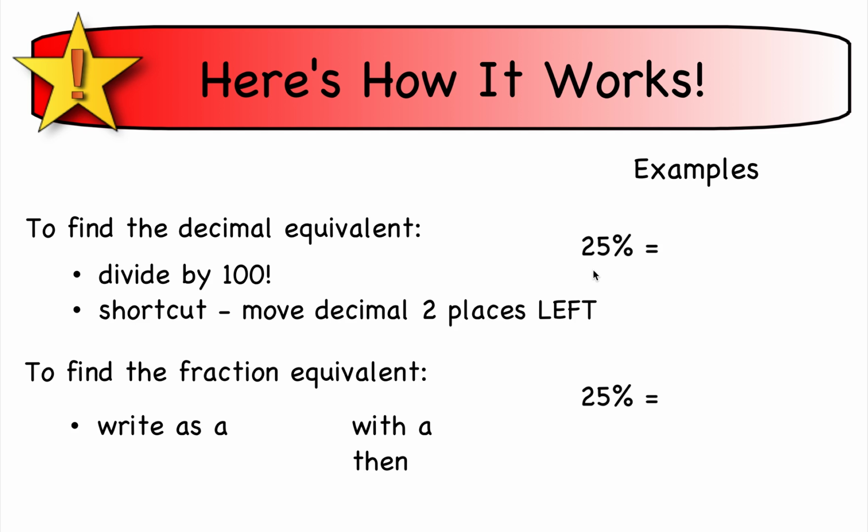For example, if I want 25% as a decimal, my decimal point is after the 5. I can go 2 to the left and it would be 0.25 and drop the percent. Or I can use a fraction. I can take 25 over 100 and take 25 divided by 100 on my calculator, and that would give me 0.25. That is how you convert from a percent to a decimal.